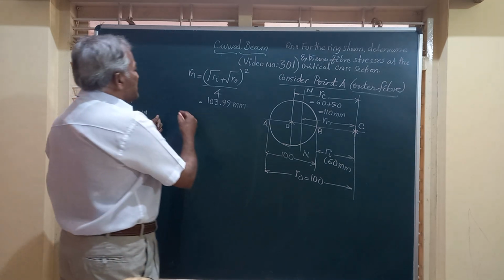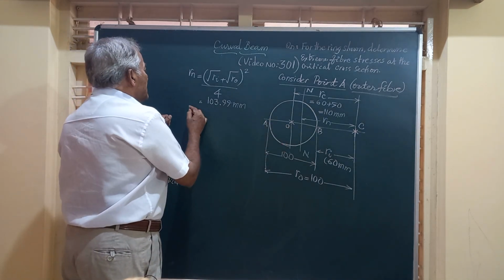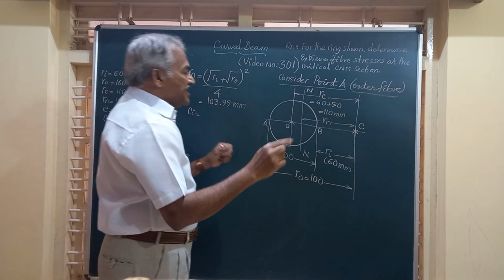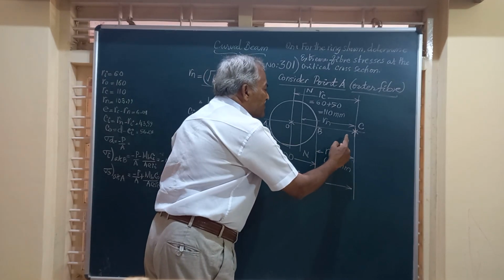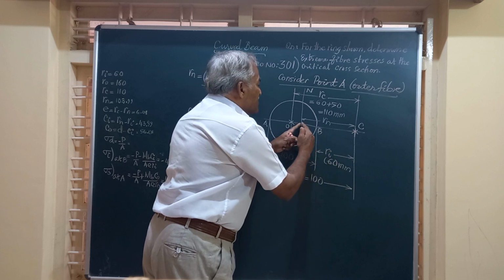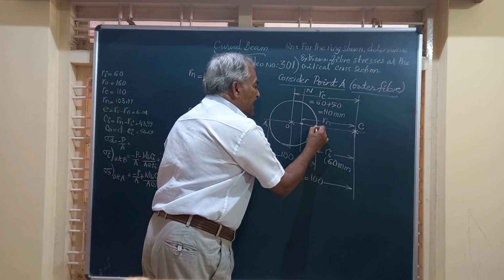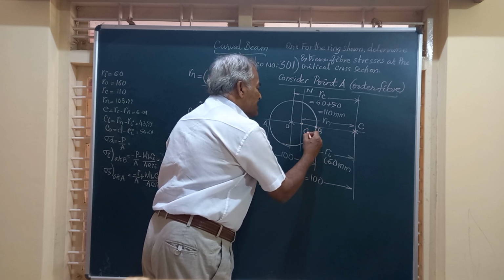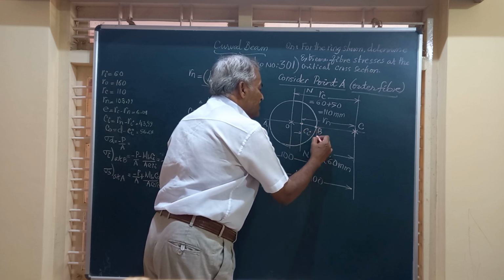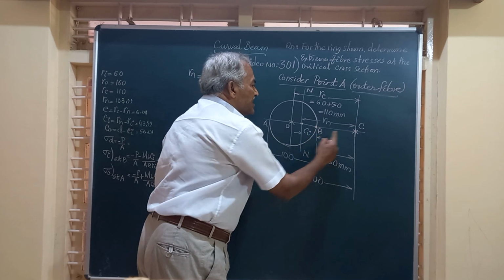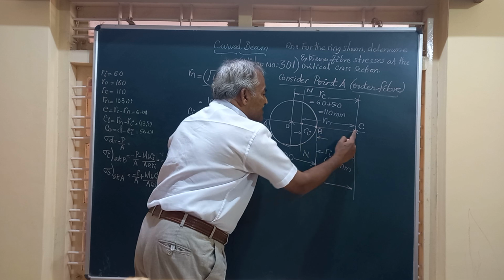Then friends, there are terms required in the expression like Ci. Ci, friends, is the distance between the neutral axis and the inner fiber. So friends, this Ci from the diagram is Rn minus Ri.